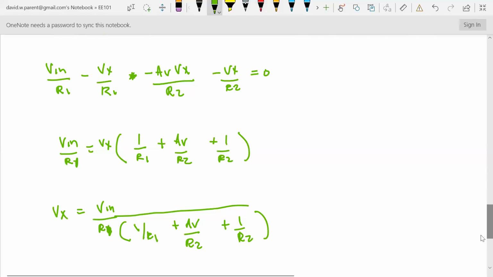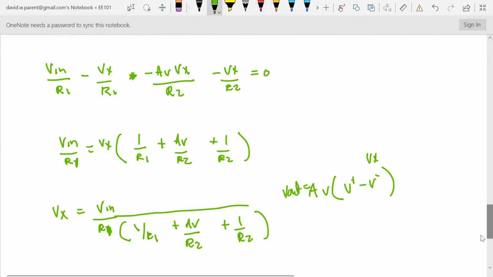Now, if I gave you a number for open loop gain, 10, 100, 1,000, million, you could plug this in and come up with a value for that Vx, all right? Because V out equals AV times V plus minus V minus, which happened to be Vx.